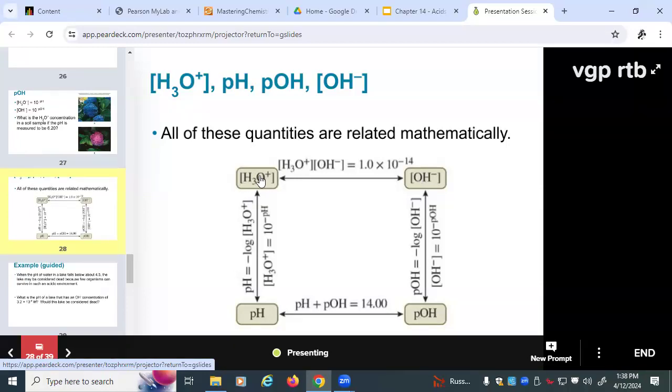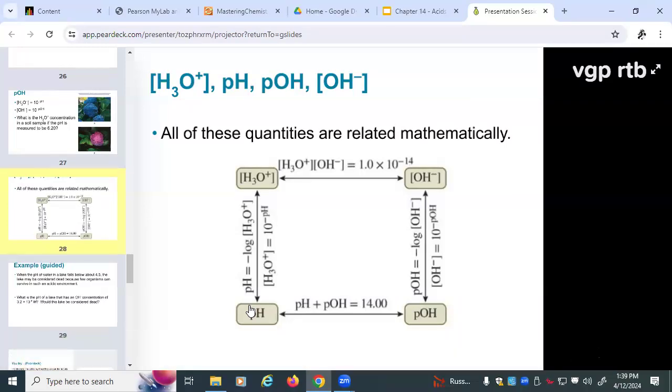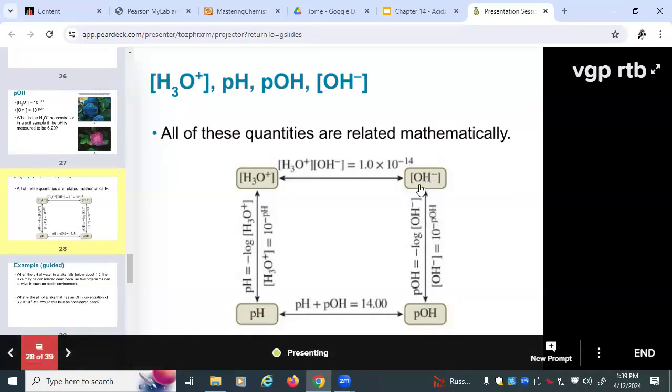That's where we divide 1 times 10 to the negative 14th by the hydroxide concentration, and then turn the hydronium concentration into pH by taking the logarithm. That's one pathway. The other pathway would be I turn the hydroxide concentration into pOH, and then I use the relationship between pH and pOH to find the pH.